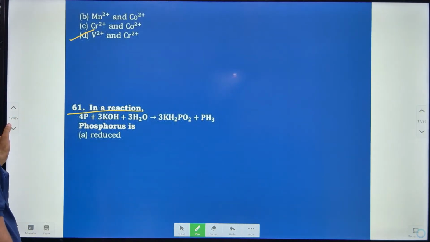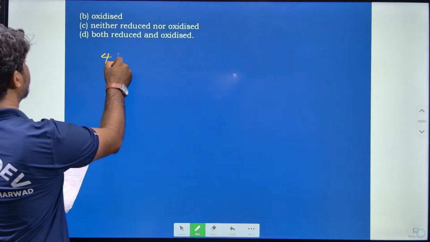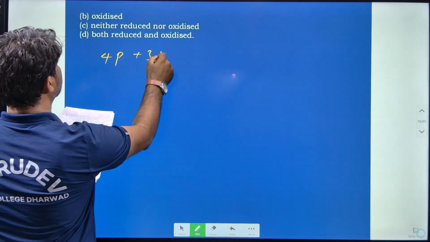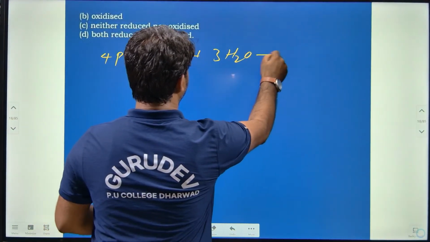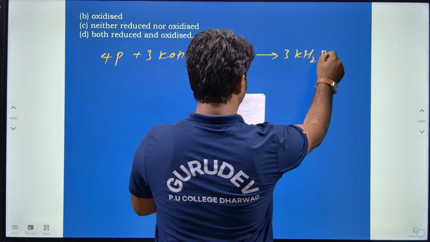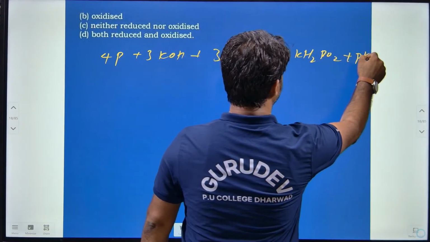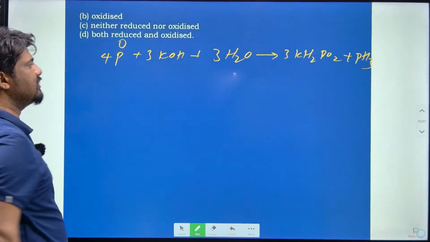Anyhow, look here. This P4 undergoes reaction with 3KOH along with 3 molecules of water. It will give 3 molecules of KH2PO2 along with PH3. See, the oxidation state of the phosphorus is 0.